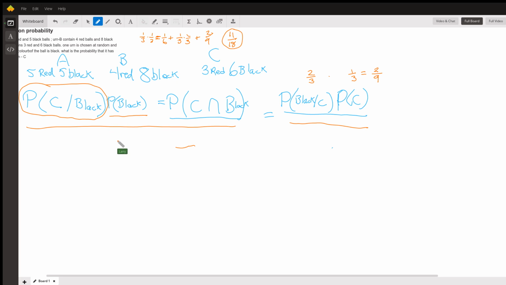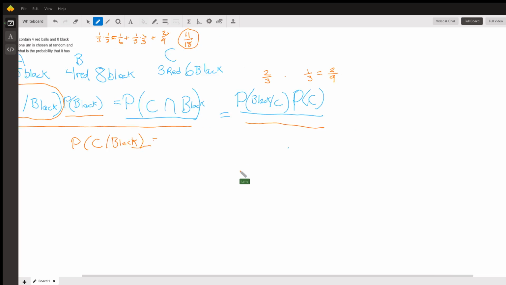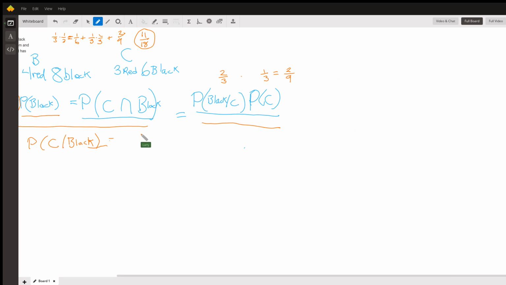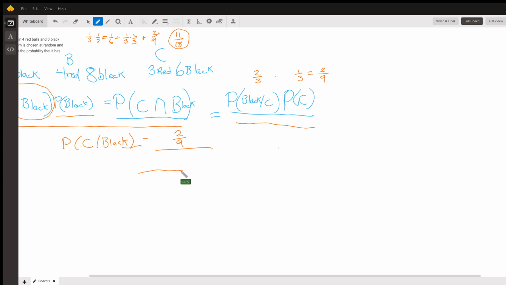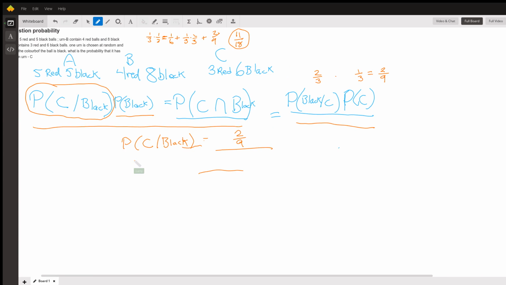So we have P of C given black equals the probability of both C and black, which is equal to the probability of black given C times the probability of C. We figured out on the right that that is 2 out of 9, divided by the overall probability that it's black, which we figured out was 11 out of 18.